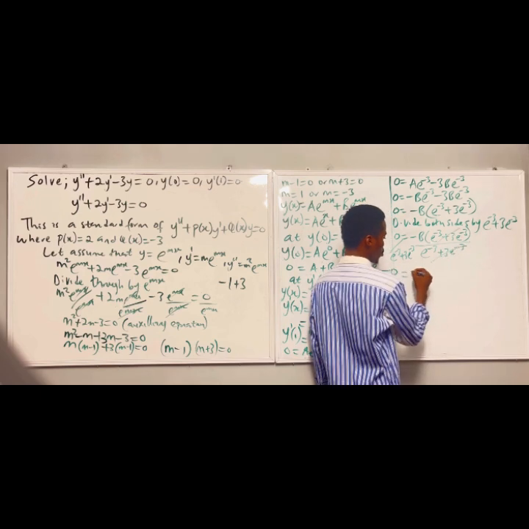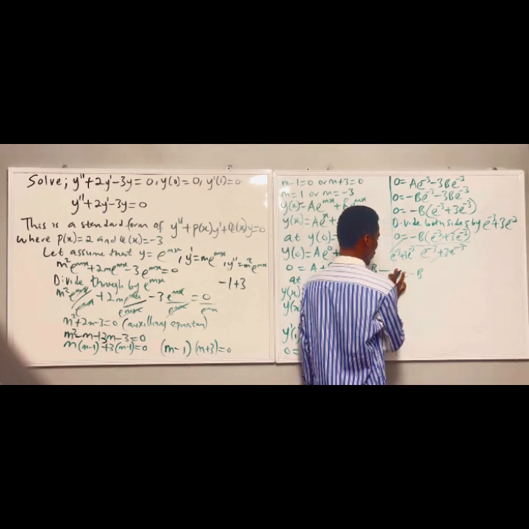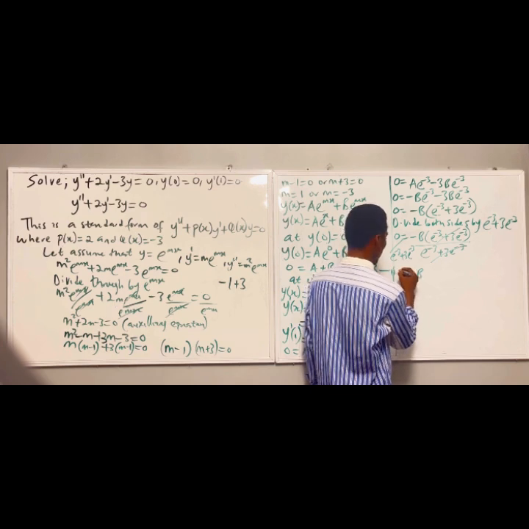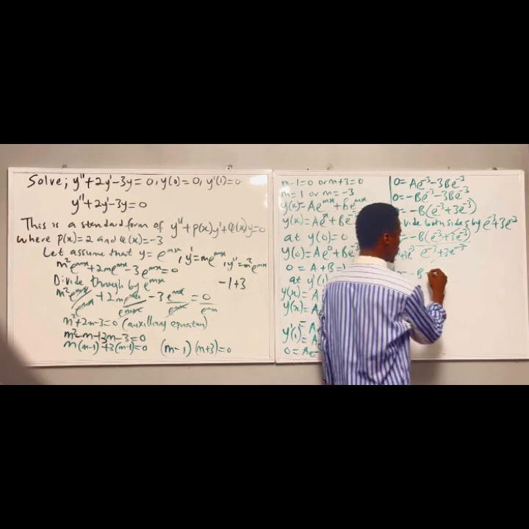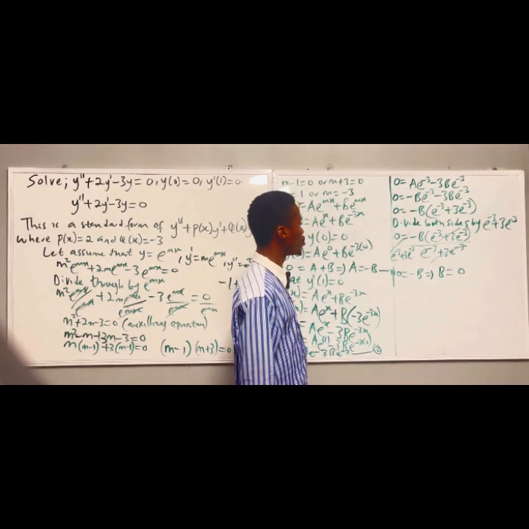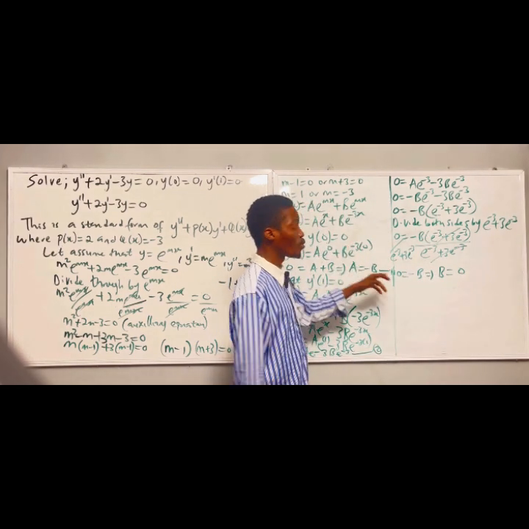For b, you cancel this, I'm going to have minus b. So it means 0 is equal to minus b. So b gives me 0.